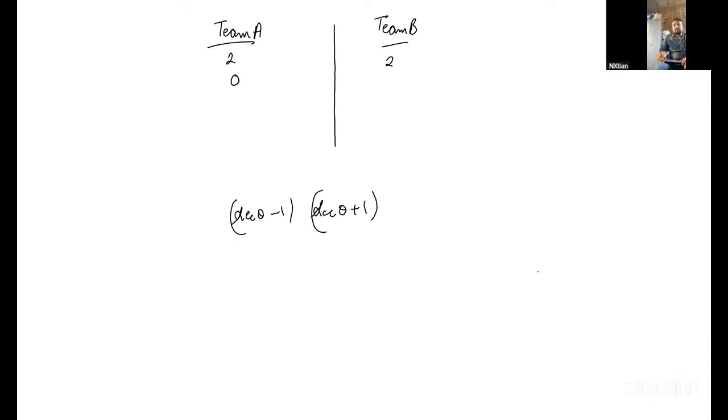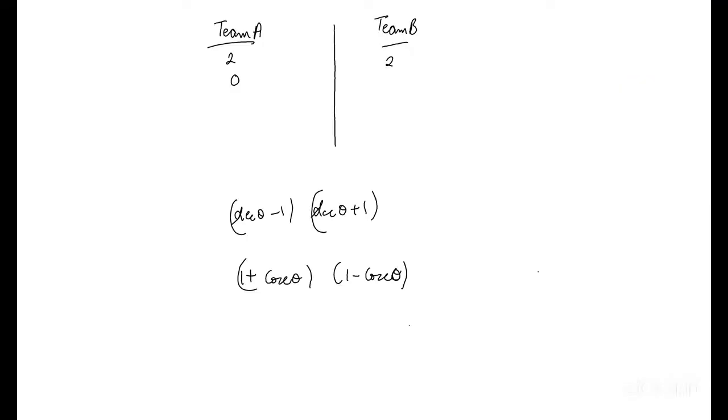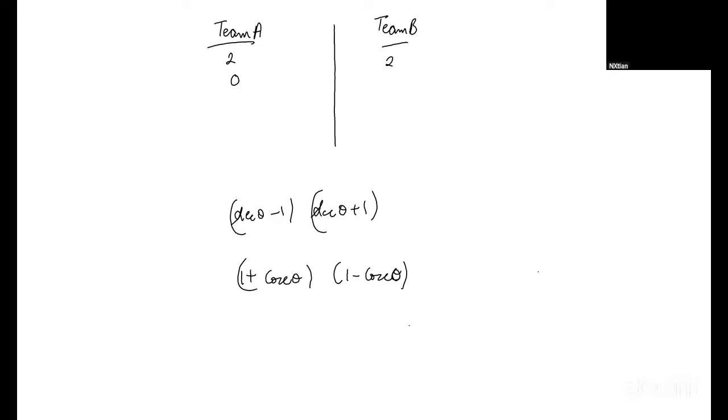Okay. Now, next, Betya. Betya, are you there? 1 plus cosec theta, 1 minus cosec theta. What is the answer? Cot square theta? No. See, this is a form of 1 plus cosec theta, 1 minus cosec theta.